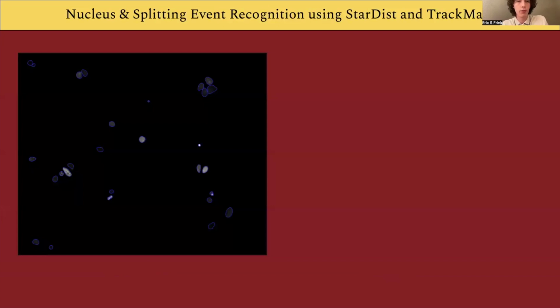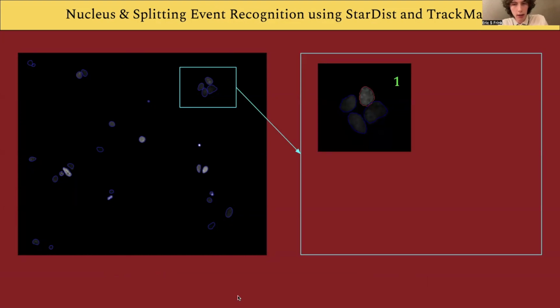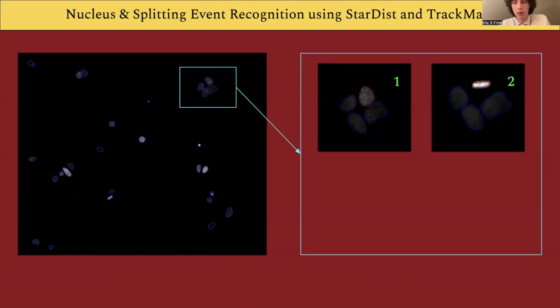So, for example, for a nucleus splitting event recognition using StarDist and TrackMate, we can zoom in on this quadrant up here on these four cells, where one of them is undergoing a division event.